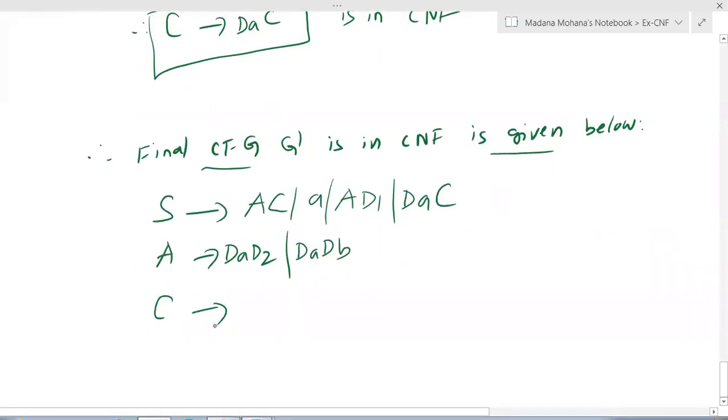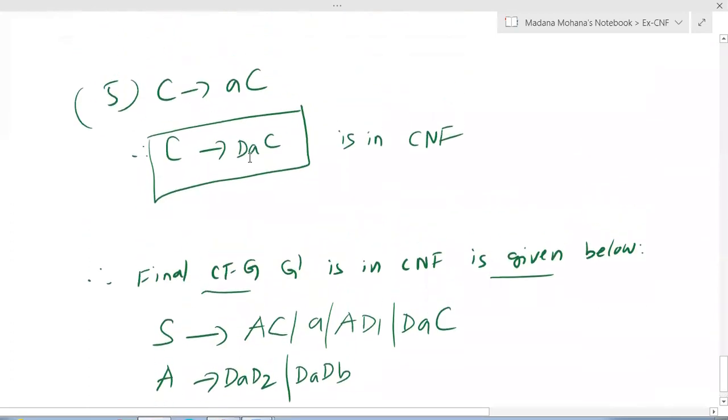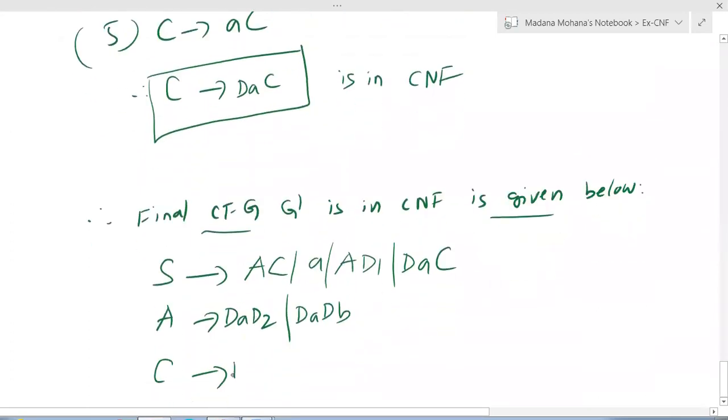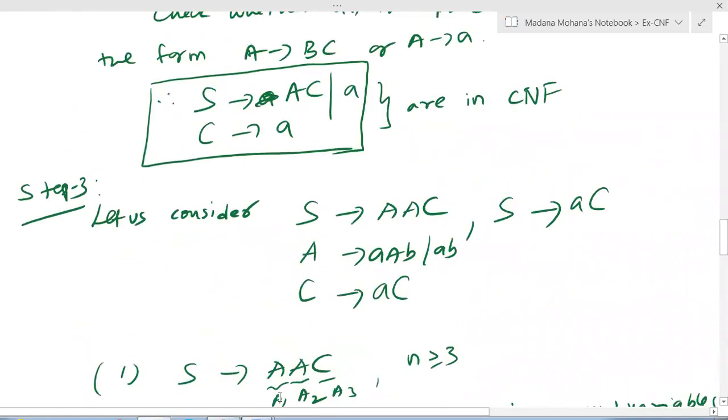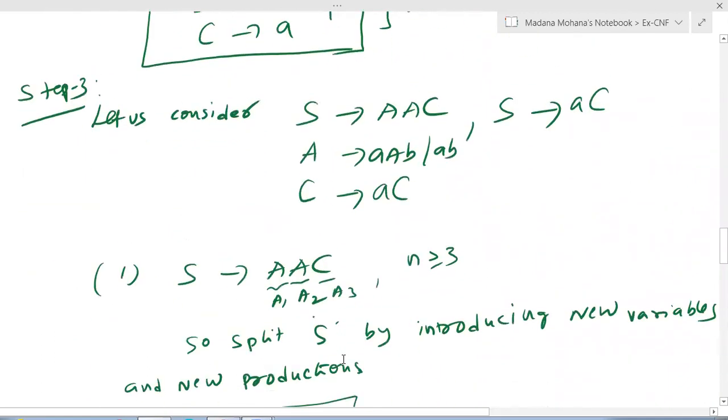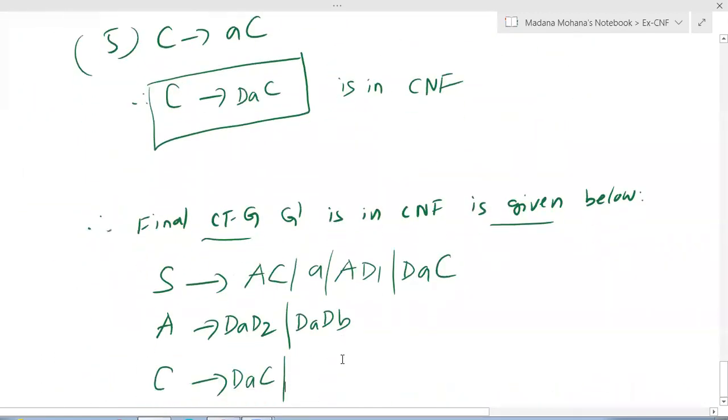Now C derives D suffix A C. Already we have a single terminal production for C, which is in the required form in the beginning itself. That is C derives A. Now here D1, D suffix A, D2, D suffix B are the new variables.